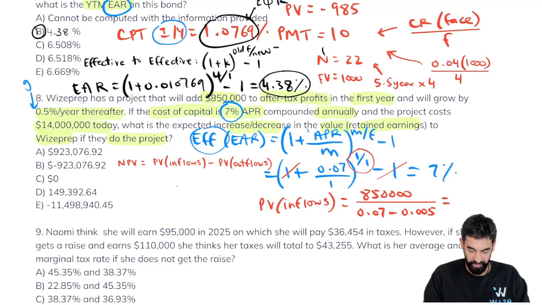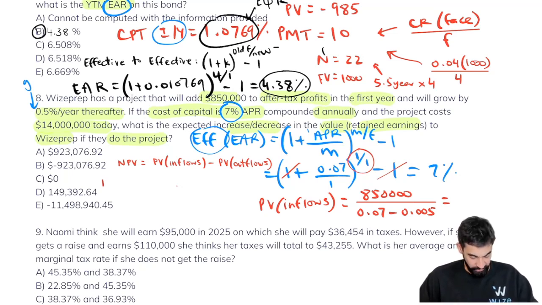You have to put everything as a decimal here, so divide all the percentages by 100. It's going to be 850,000 divided by (0.07 minus 0.005). It's going to give me 13 million.